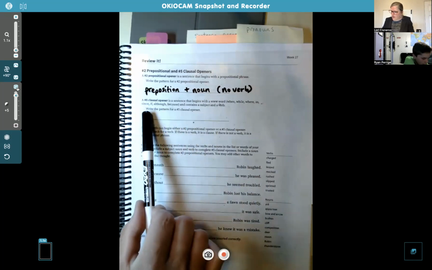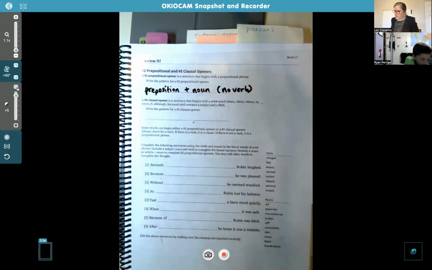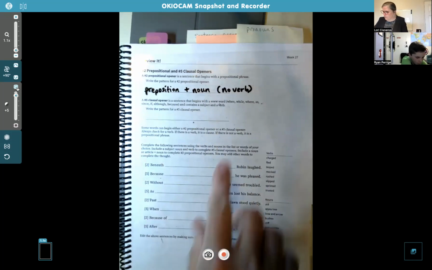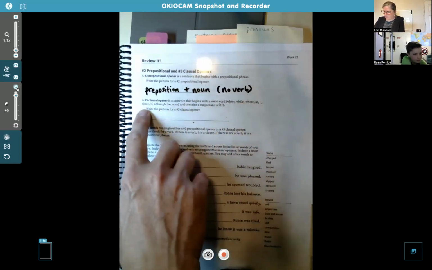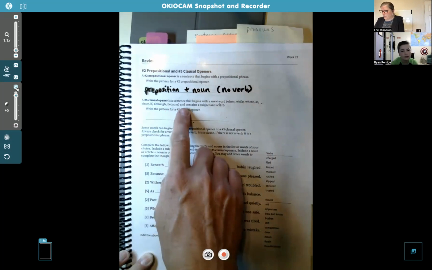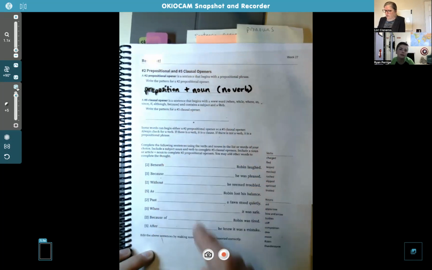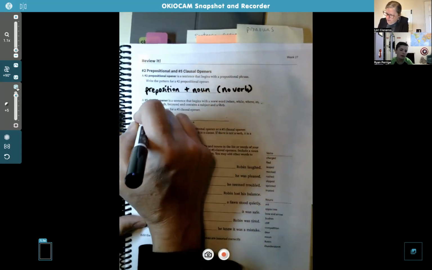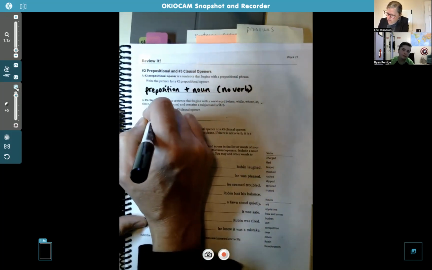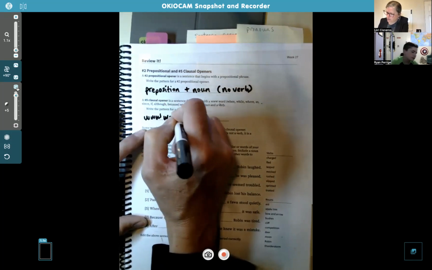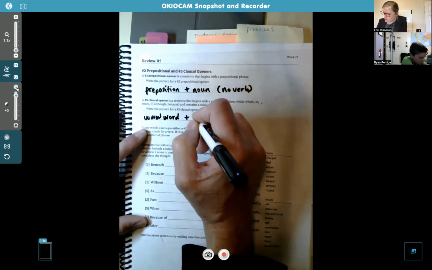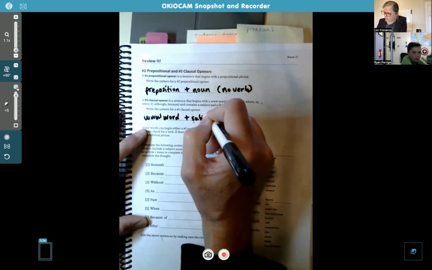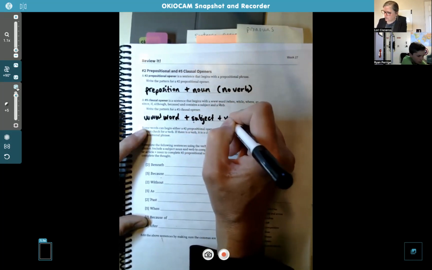And then a number five, clausal opener, is a sentence that begins with the www word, www.asia.b. So when, while, where, as, since, if, although, because, and it contains a subject and a verb. So the pattern for a clausal opener is www word plus subject plus verb.